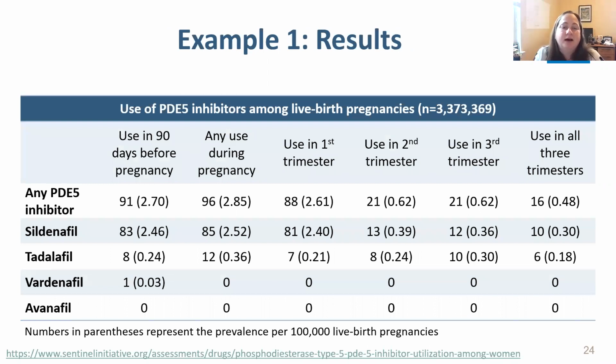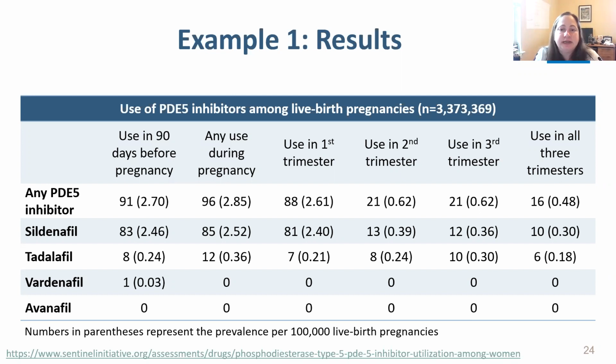There we go. This slide shows on the left the 4 different PDE5 inhibitors as well as overall, and then the columns show the different timing of use. You see use in the 90 days before, overall anytime during the pregnancy, and then by trimester. The first thing you can see is that most of the use of the 4 is sildenafil in the US.